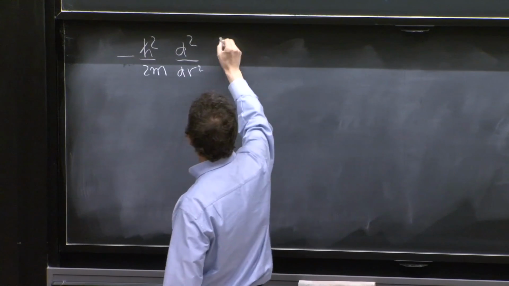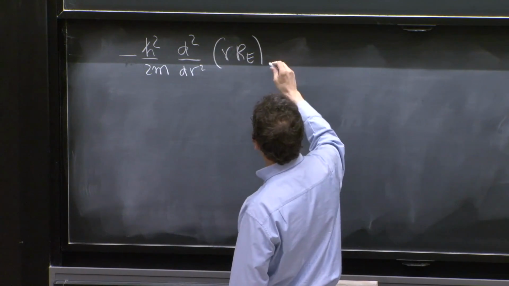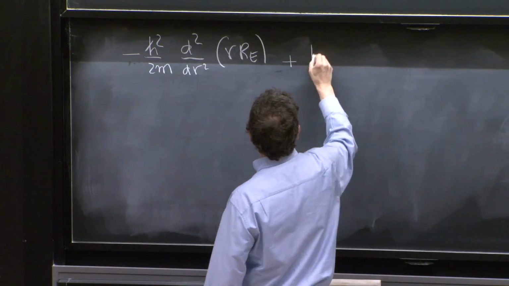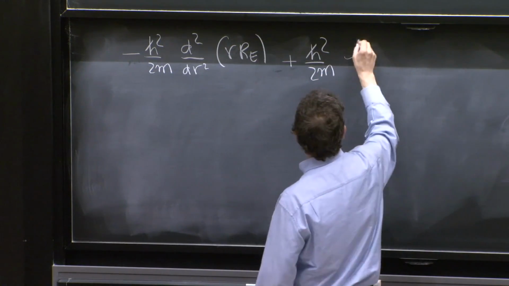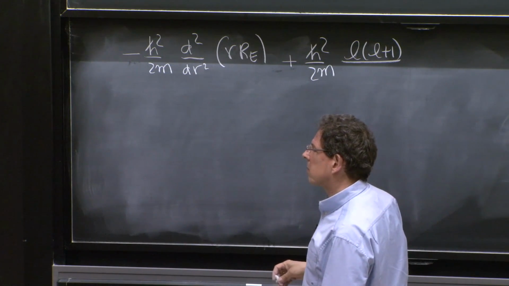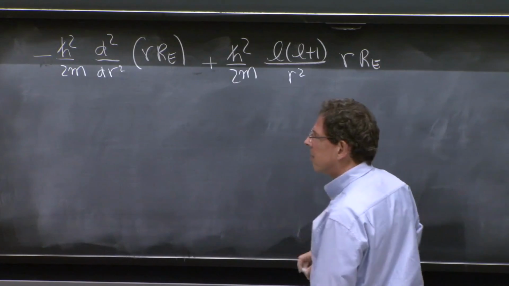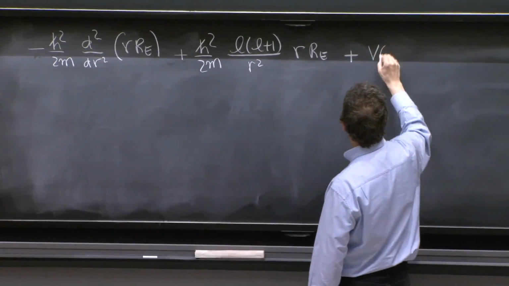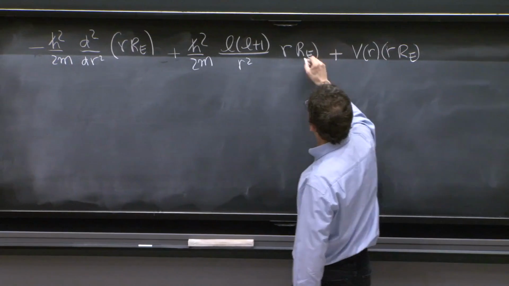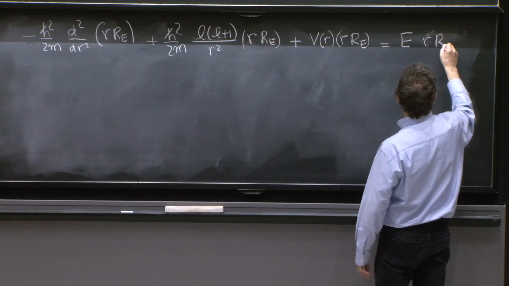If I multiply by r here, I will have minus plus h-bar squared over 2m, l(l+1) over r squared, r R_E, plus V of r times r R_E, equals E times r R_E of r.